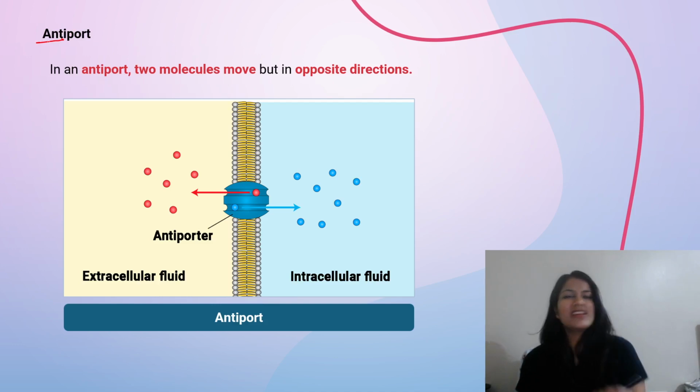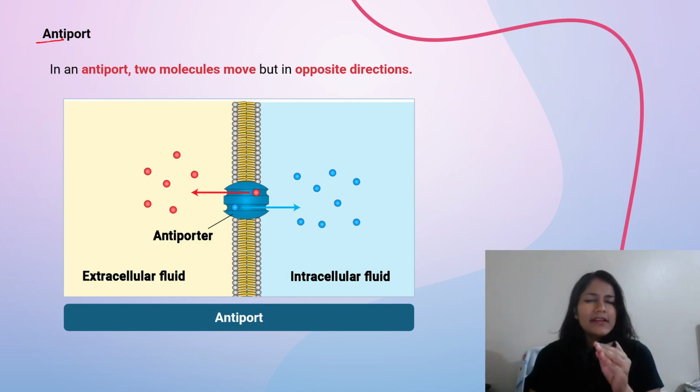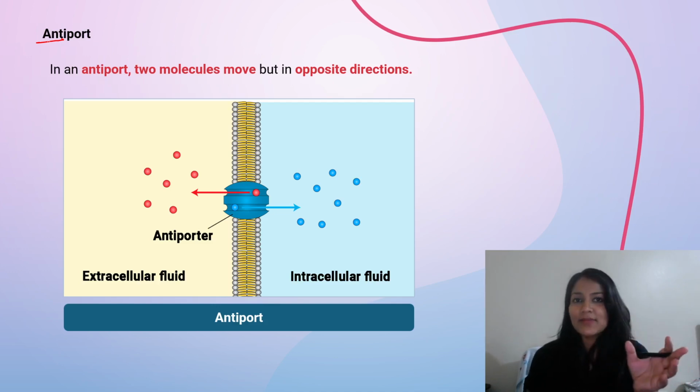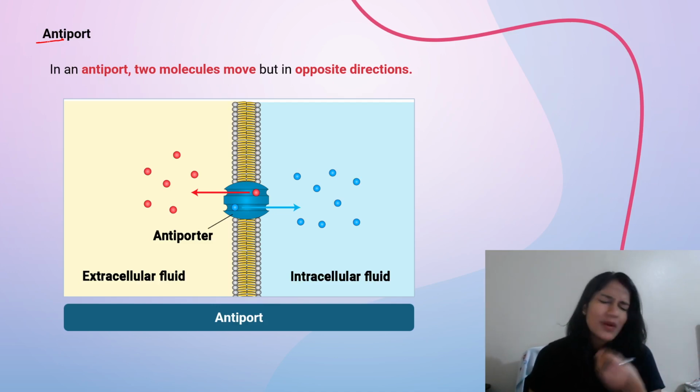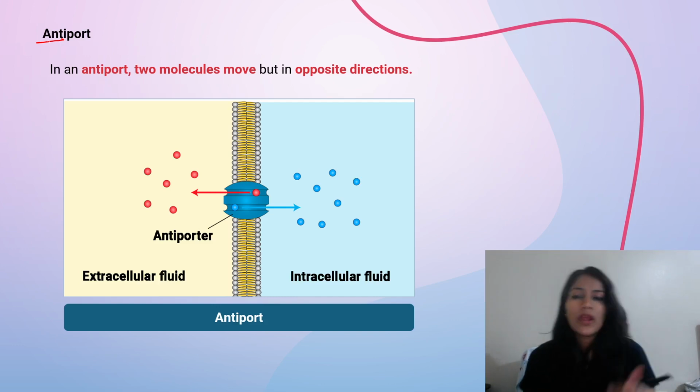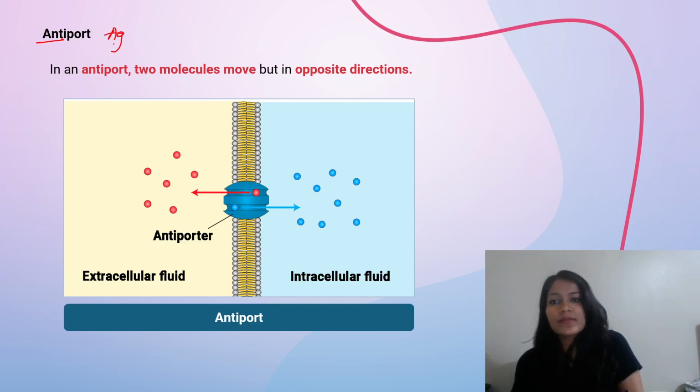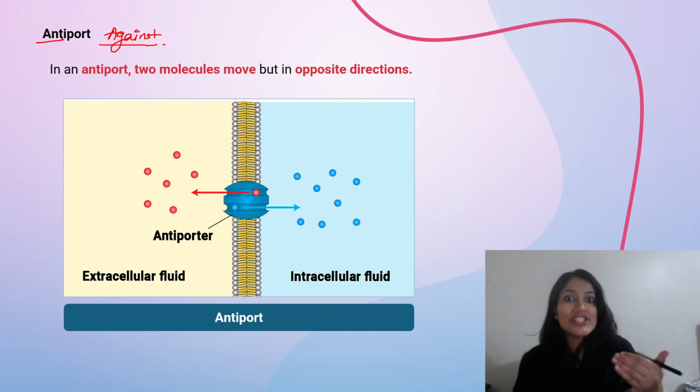Similarly, we have anti, यार तू मेरे anti ही रहा कर, right? Or we can call it as antiport, whatever you want. It's your wish. So we have this antiport. What does the word anti mean? Anti means against. क्या तुम हमेशा मेरे anti रहा कर. So anti means against. The molecules are going to move against each other.